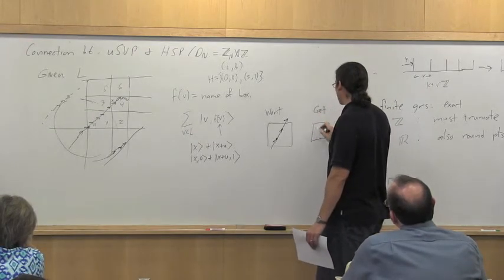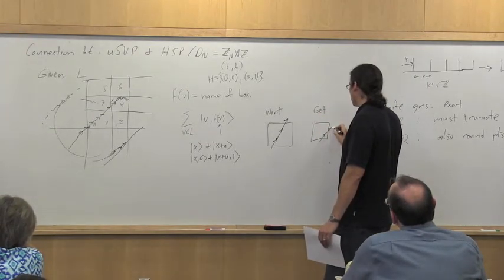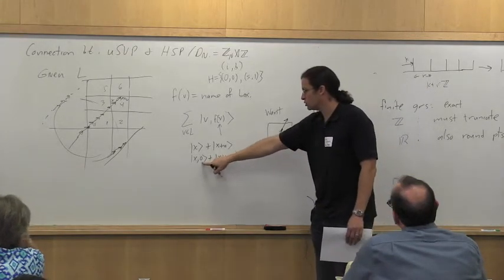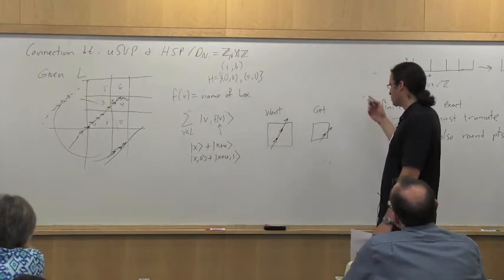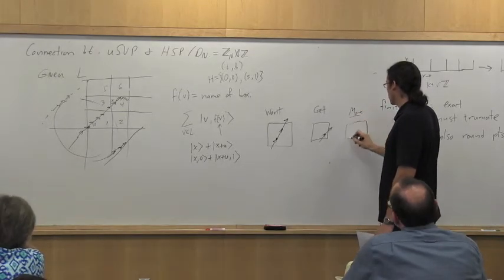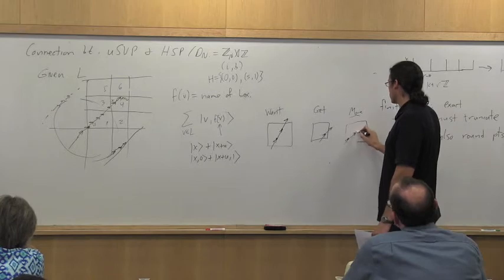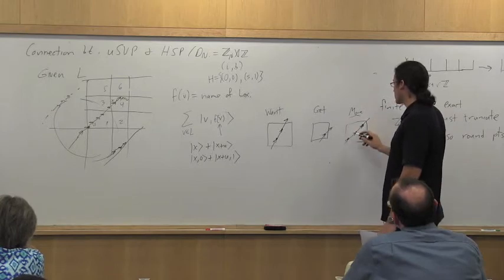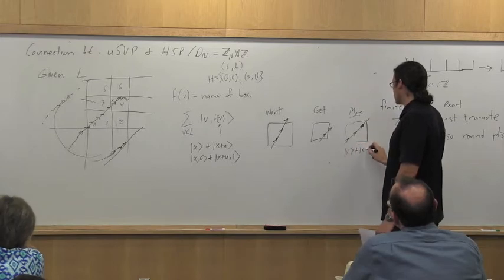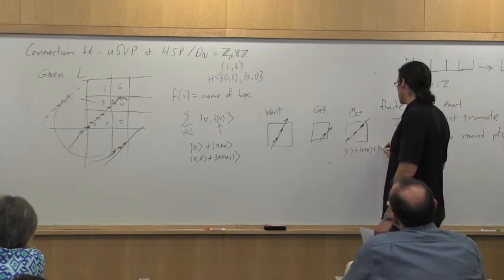So you might have a case where you only have 1 lattice point in there, and then you'd collapse just to that. So you wouldn't get a superposition of 2, you'd just get a single thing. Or you might have more. Right? You might have a case where somehow 3 points are going through. In this case, you'd collapse to a superposition of x, x plus u, and x plus 2u.